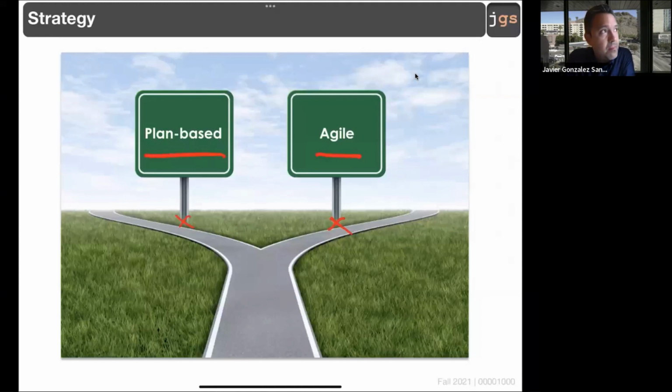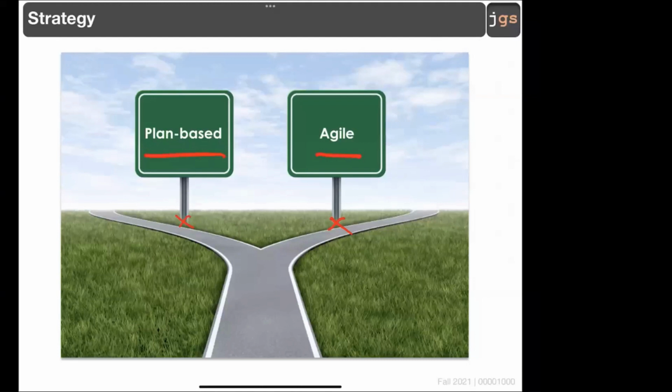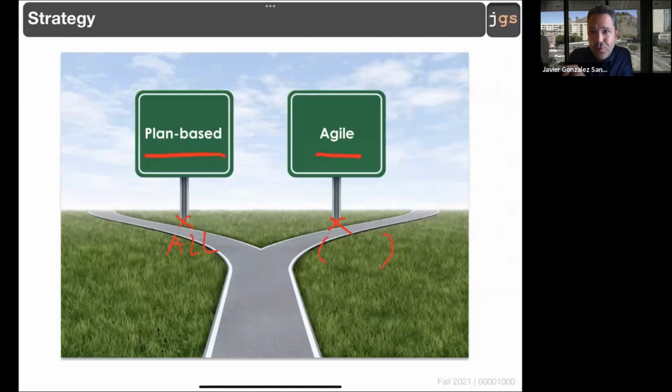Any idea? Someone is there. We need to gather all of the intricacies of a requirement in a plan-based approach, whereas for an agile model, we can show them a prototype of the initial understanding and get more clarification. Good. So I am going to use that one. Hopefully everyone agrees.